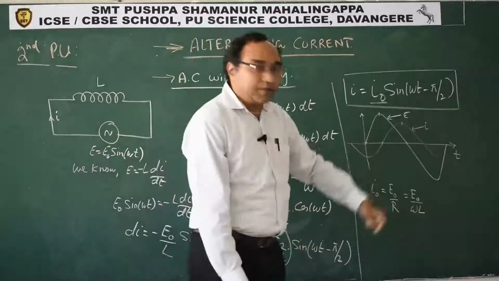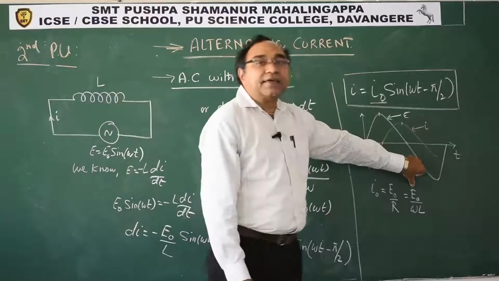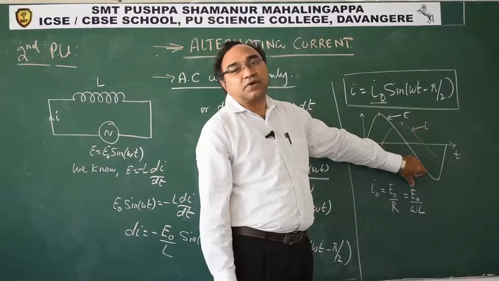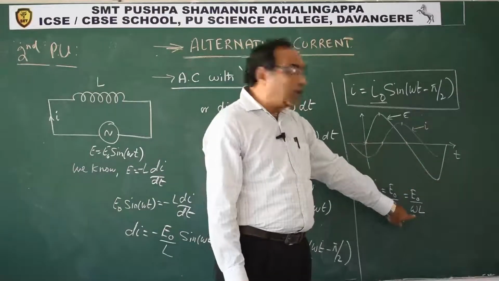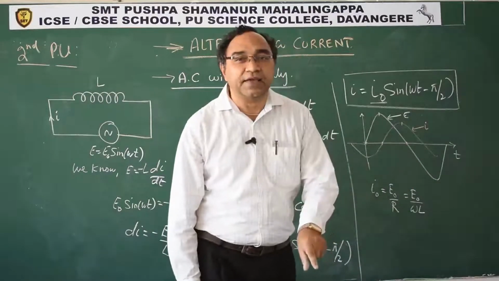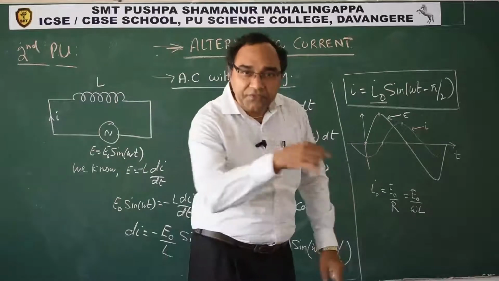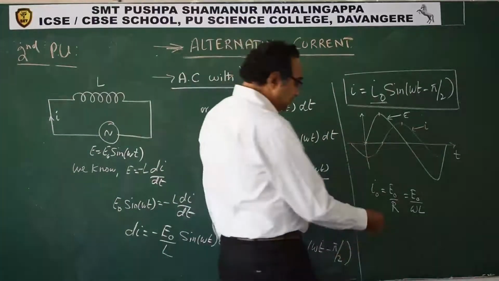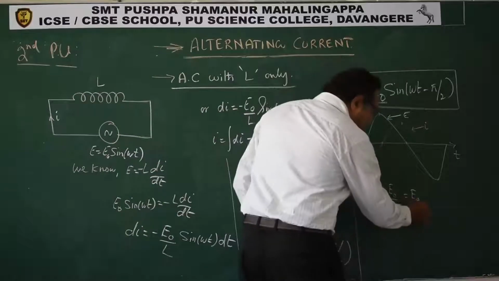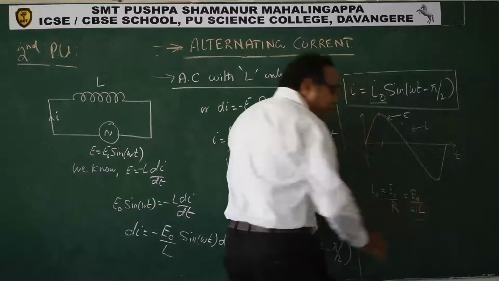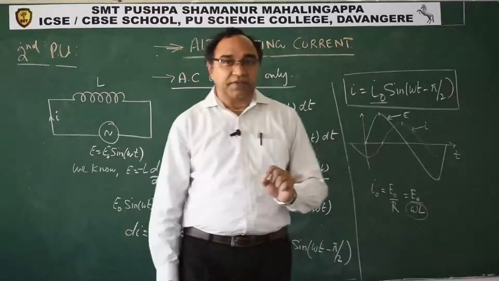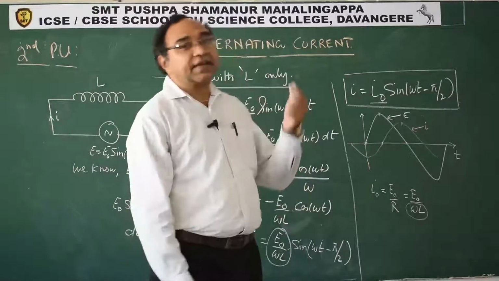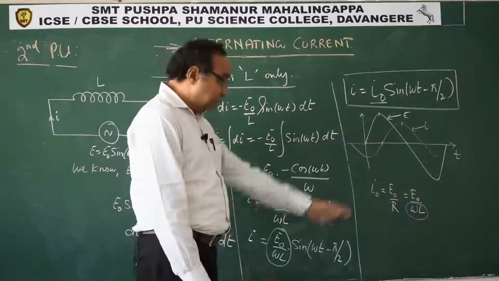Correct? Extend it. So similarly, E naught is measured in volts, so the whole omega L should be in ohms. So this is the value of resistance it is capable of offering. This omega L is the value of the resistance that an inductor can offer to AC.